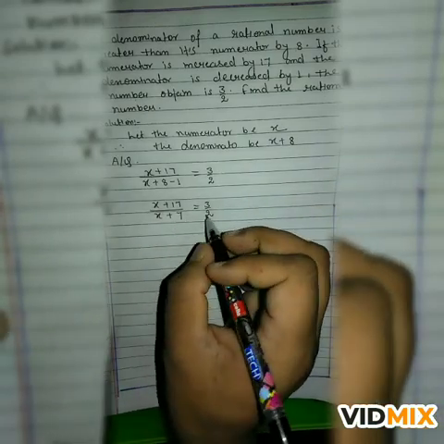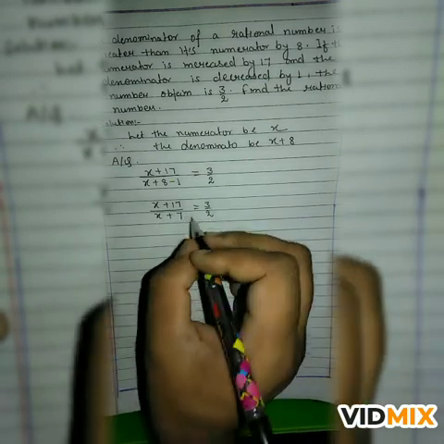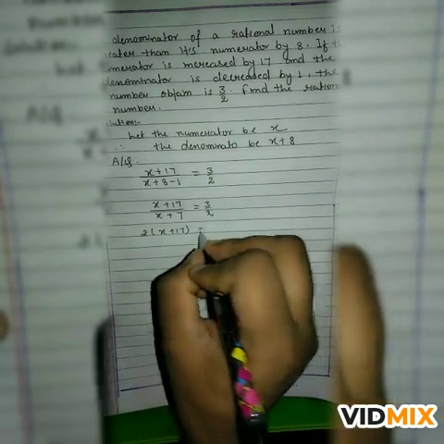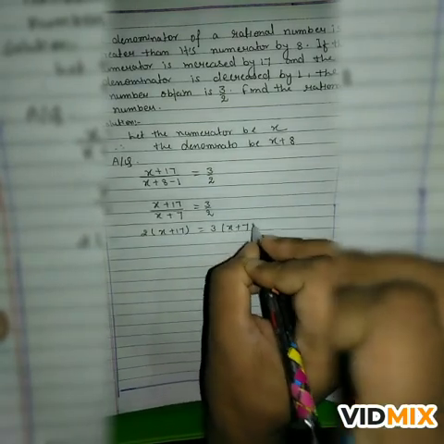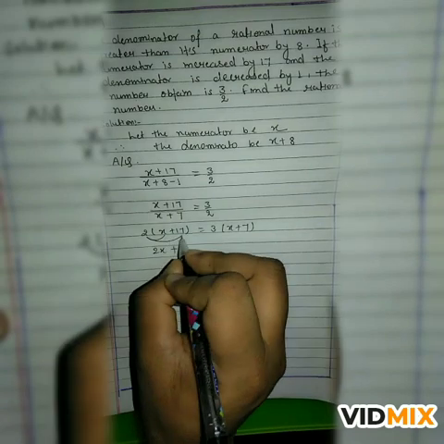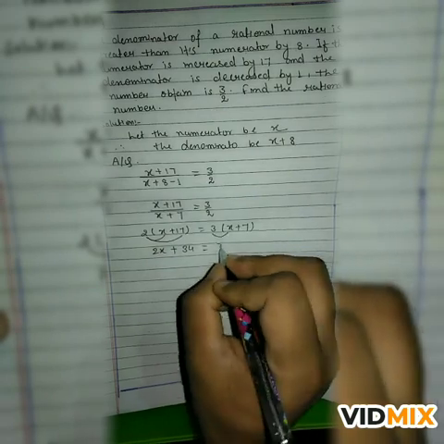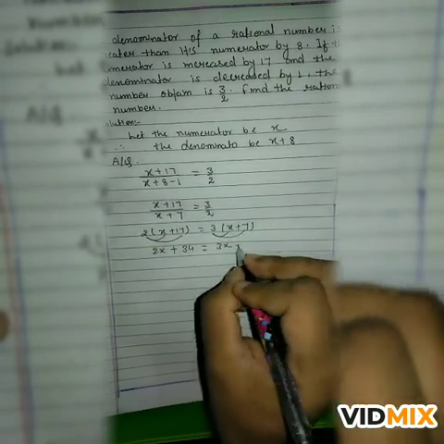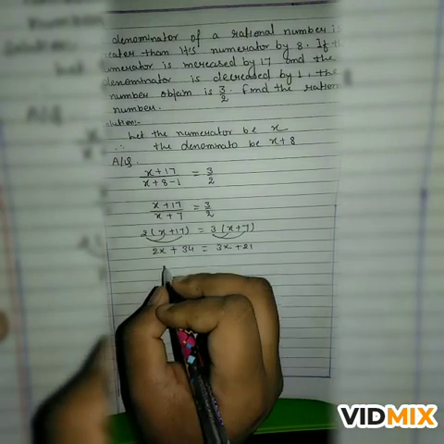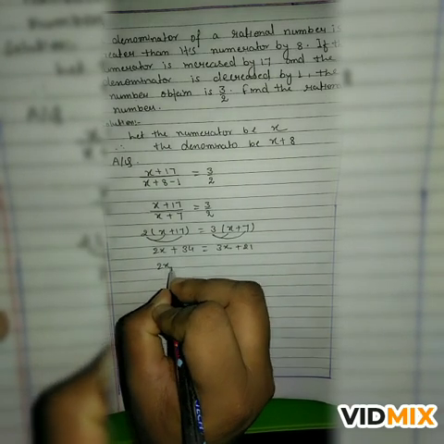Apply the cross multiplication method. So we will multiply x plus 17 by 2 and x plus 7 by 3. So 2 into x plus 17 and 3 into x plus 7. So 2 into x is 2x, plus 2 into 17 is 34. 3 into x is 3x, 3 times 7 is 21. Take the similar terms together, means x terms together and constant terms together. So here is 2x.